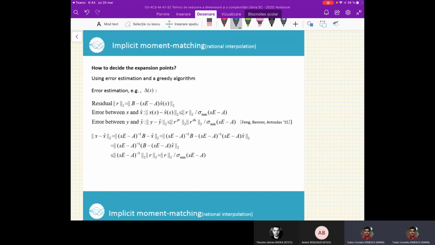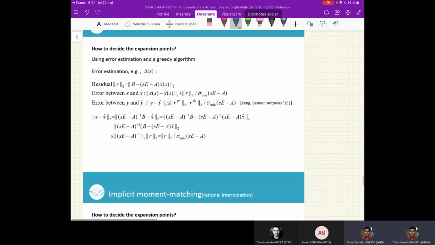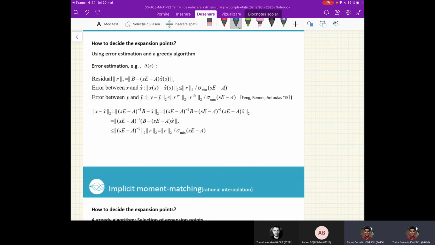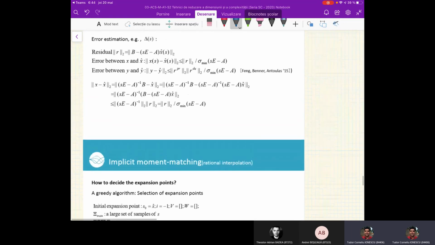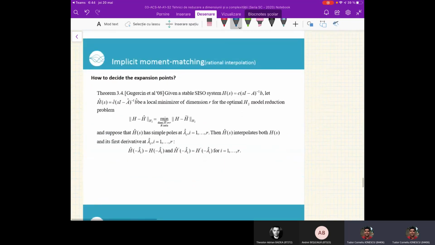There isn't much to do. However, people here are trying to give a more systematic way to select expansion points, measuring some norms. I'm not sure how good this is. However, there is an example here on how to decide interpolation points.